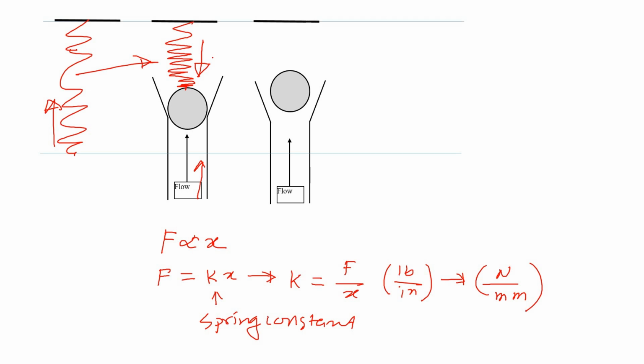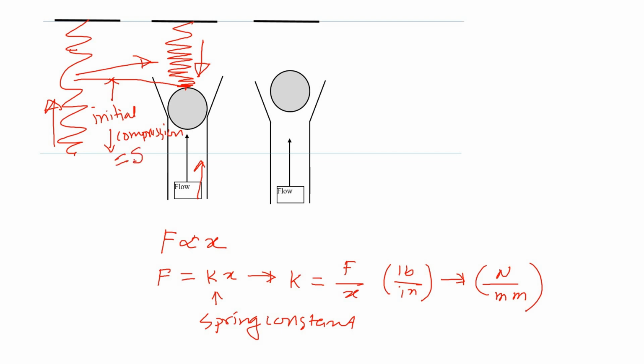So the amount of force that is applied. Now, here is one term that you need to understand. This thing is known as initial compression. As you can see, initially the spring has to be compressed to apply that force. So that is called initial compression, which, there is no standard for that.